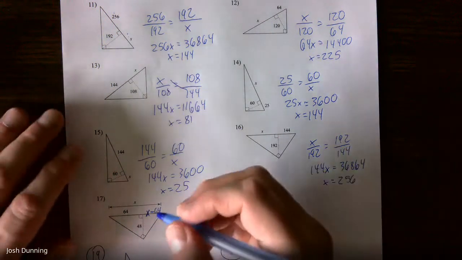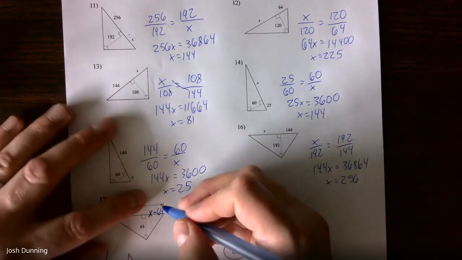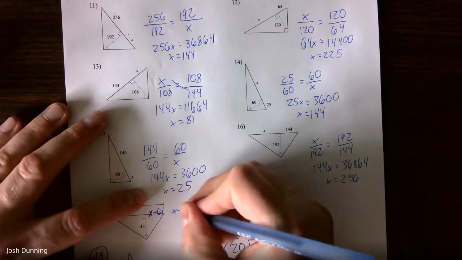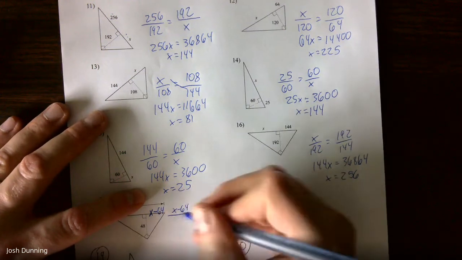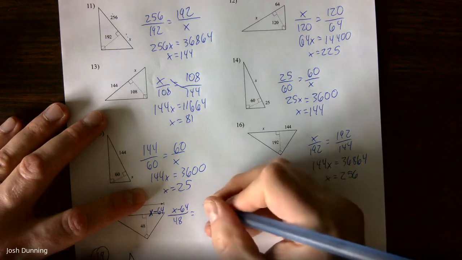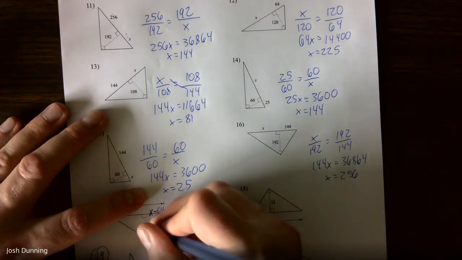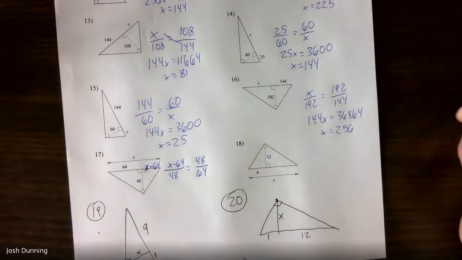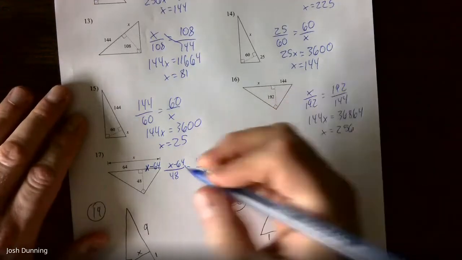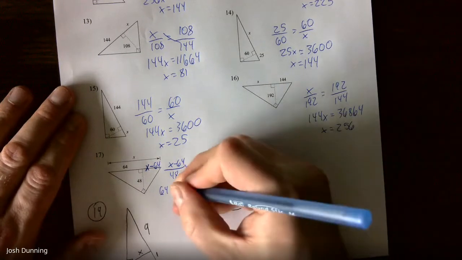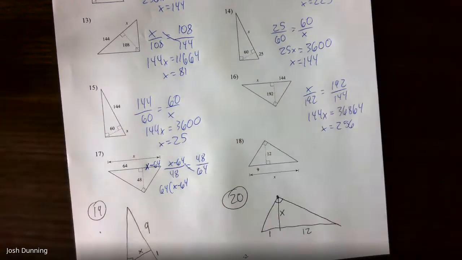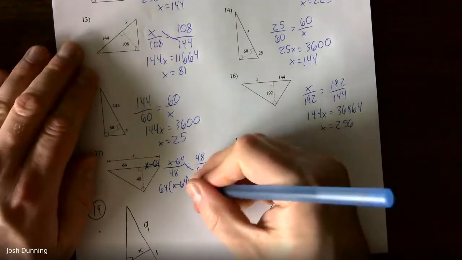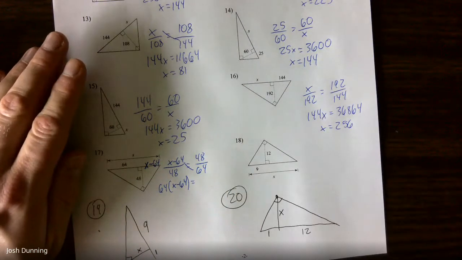Now it works the same. We'll forget about the whole hypotenuse for now. We'll do one part, x minus 64, and you could have done the other one, doesn't matter, over 48 equals 48, stay with the altitude, over the other part. Cross multiply, well, we got to use parentheses here. And then 48 times 48.